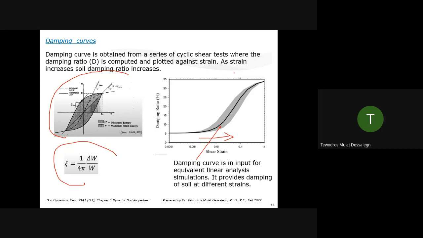So these are direct output from a lab test, and an input to what? Where do we use this? We will check. Where do we use the Gmax and damping curves? Why are we spending so much time discussing it?